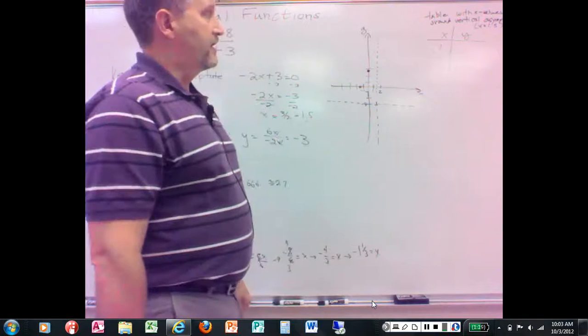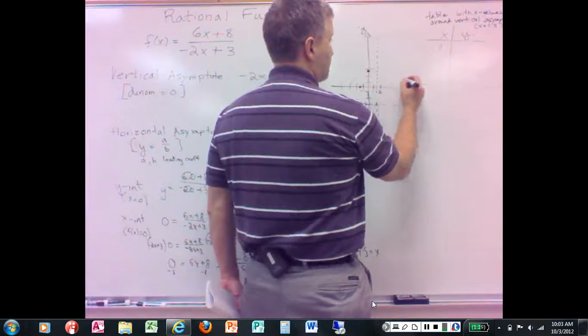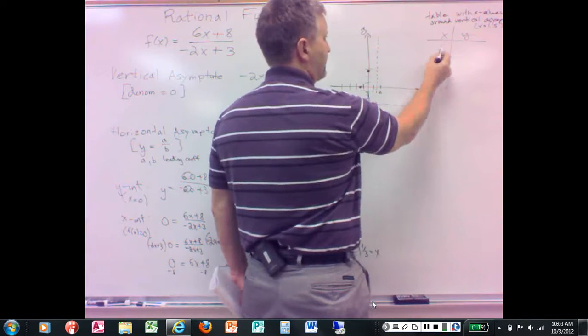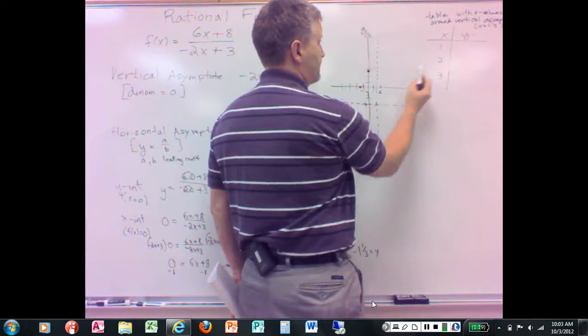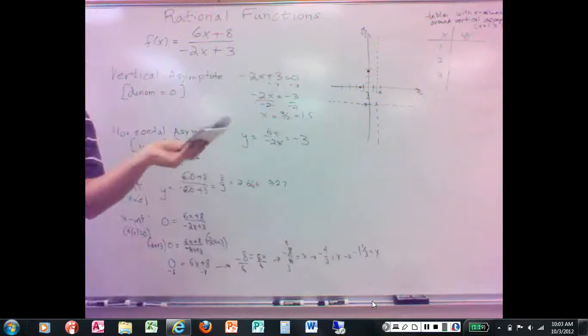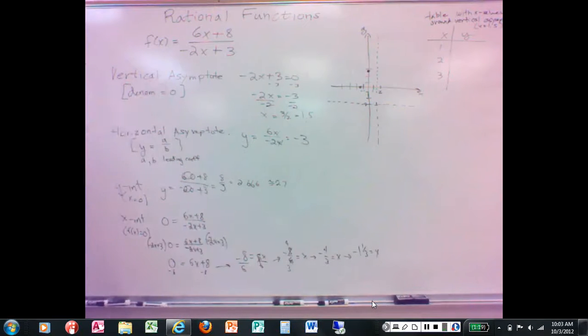So I'm going to do x is 2 and x is 3. That would give me a point on the left of the vertical asymptote, and these would be on the right. So a point on the left and 2 points on the right, since I don't have any points otherwise on the right. With me there?